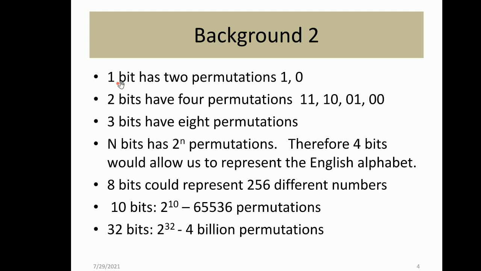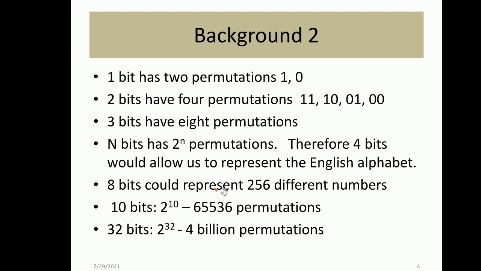And n bits, so it should be lowercase n here, lowercase n bits has 2 raised to the power of n different permutations. If you think about it, 4 bits would allow us to represent the English alphabet, 26 characters.